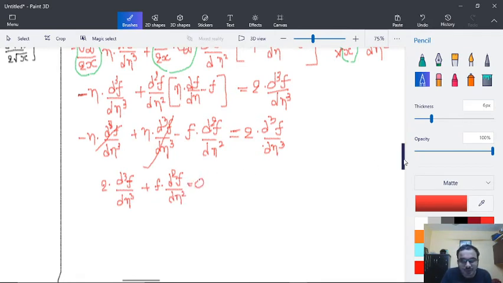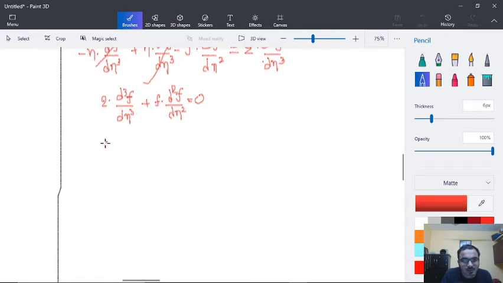So finally what we are getting here is 2 into f raised to third derivative plus f into second derivative is equal to 0.